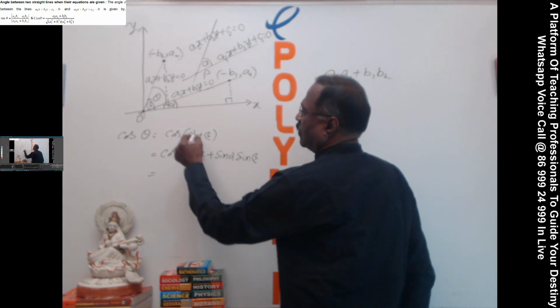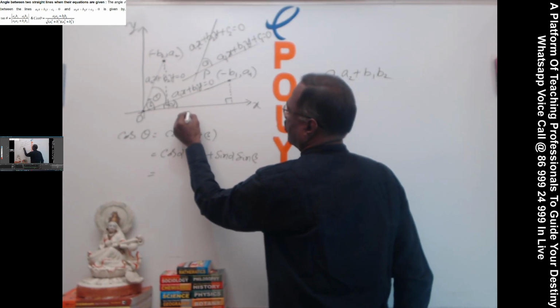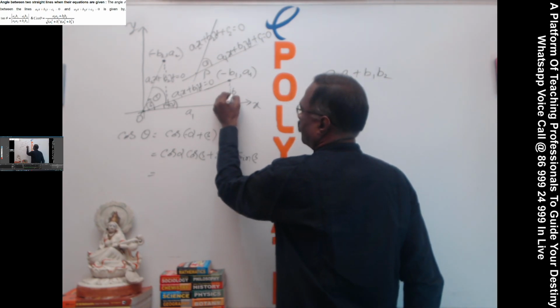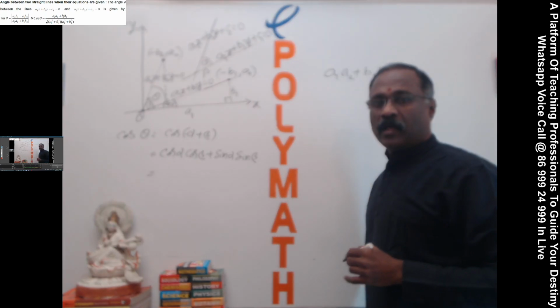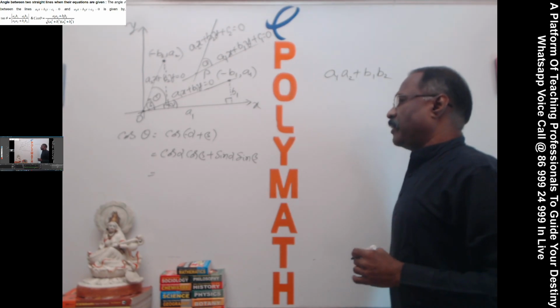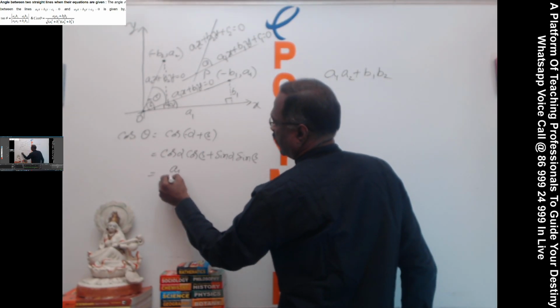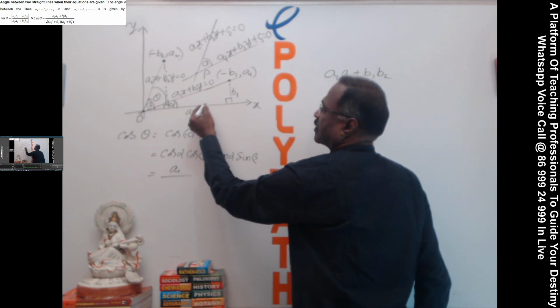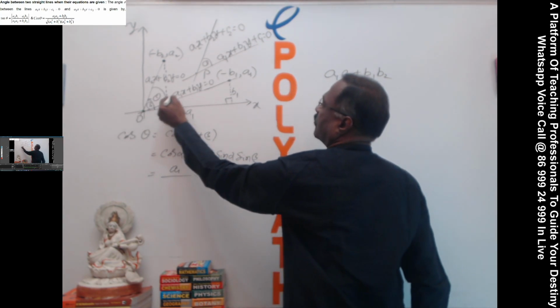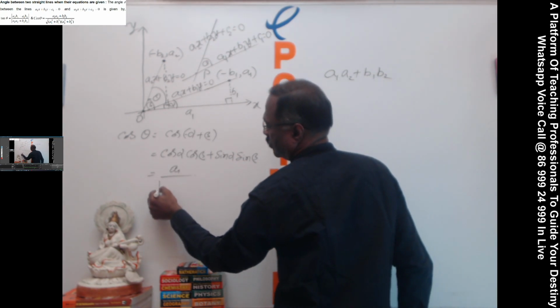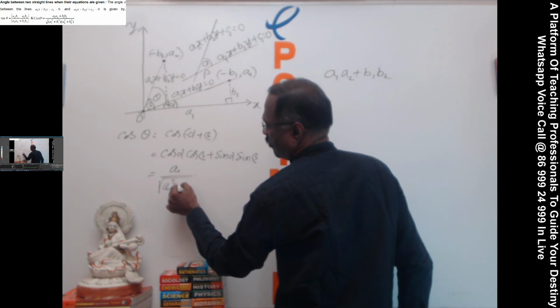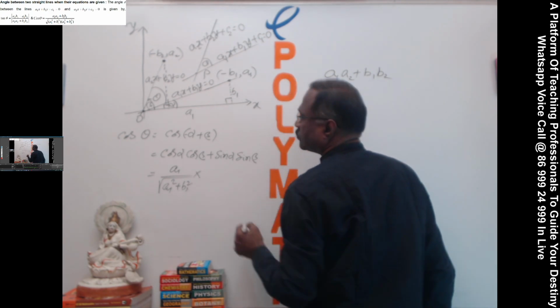So cos alpha: this is a1, this is b1. Only length we need. We are not taking the sign into account here, modulus. Cos alpha is a1 divided by the hypotenuse. This is the adjacent side. The distance between 0, 0 and minus b1, a1 is root over a1 square plus b1 square.